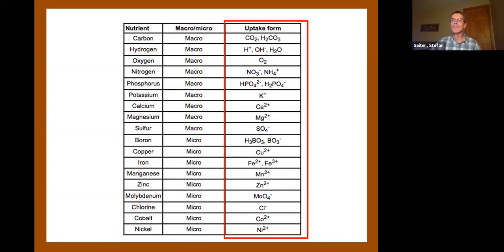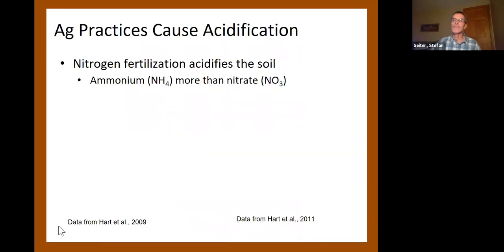And so these are some of the more natural causes of acidification. There are some agricultural practices as well that make the soil more acid. And the primary one is people using synthetic fertilizers.